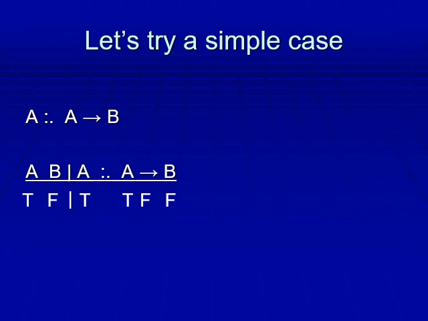Let's take one that's a little more complicated. How about this one? Not A and B, if not A, then C, and if not B, then D. Therefore, C and D. That has a little bit of surface plausibility.